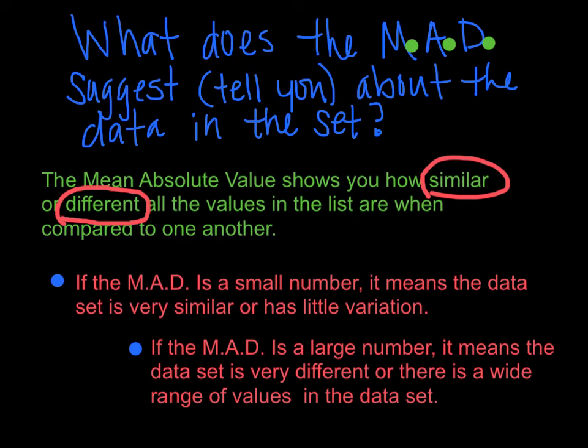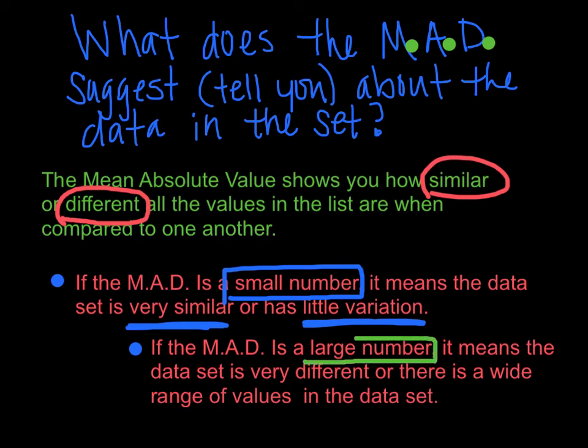If the MAD is a small number, it means that all the data points are very similar, or sometimes they use the word variation, so they would have little variation. If the MAD is a large number, it means that all the numbers in the set are very different from the mean, or there is a wide range of values.